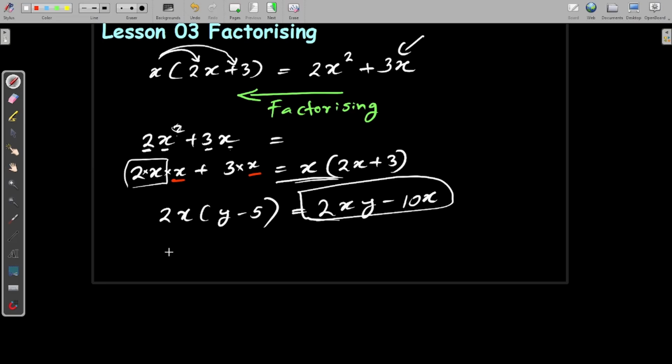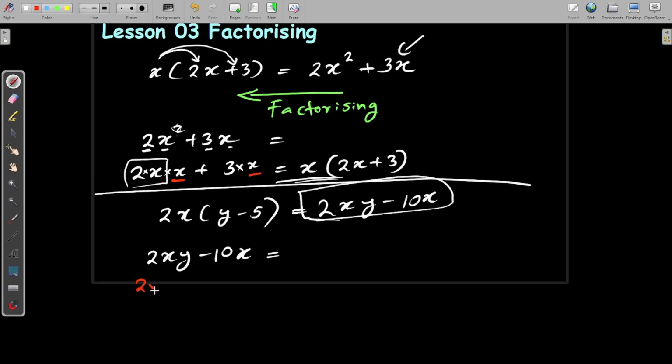Now let's rewrite this and try to factorize it. We have 2xy minus 10x. We already know the answer, but let's do it the way we did in the previous example. For the first term, I can think of this as 2 times x times y.